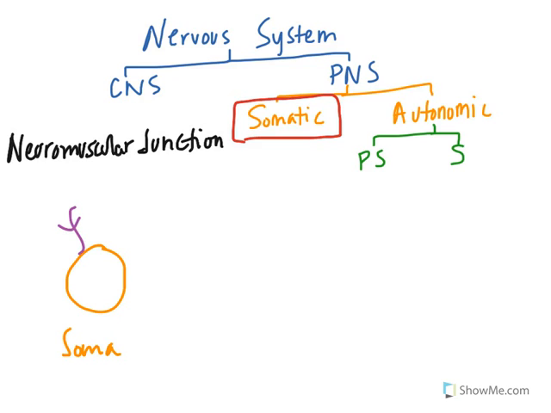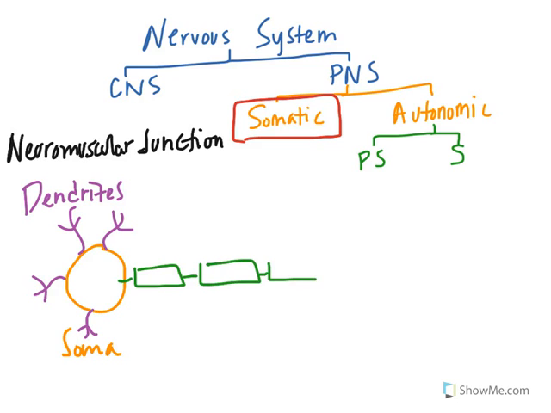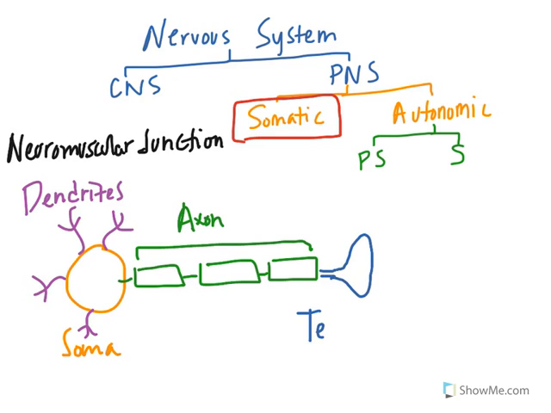We've got these finger-like projections called dendrites, which receive signals. Then we have the axon, through which an action potential propagates. Then we've got the axon terminal, which is where the neuron ends.